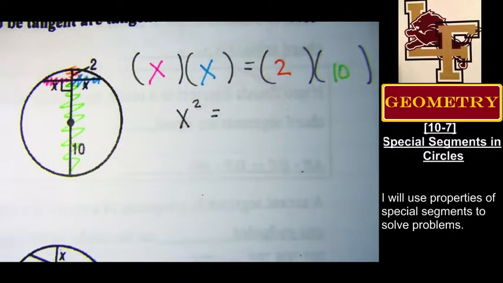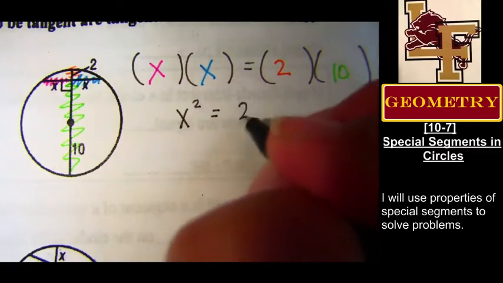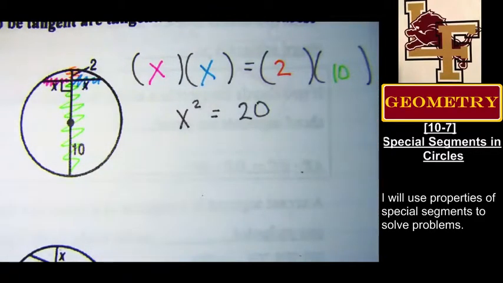2 times 10 is? I want the value of x. I want the number that you multiply to itself, and it gives me 20. How do I undo a square power?